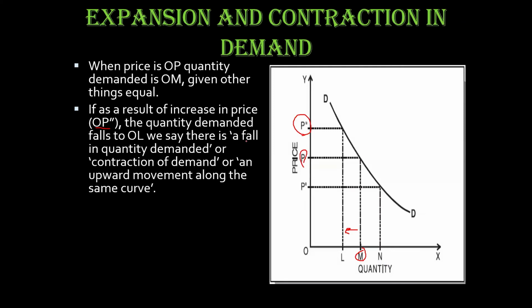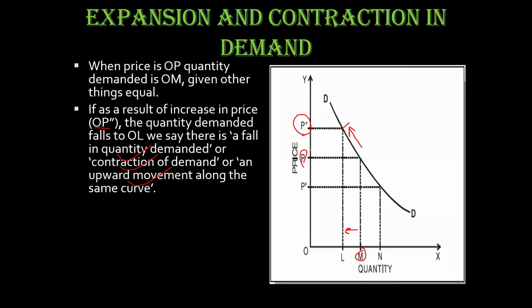When there is a decrease or fall in quantity demanded, there is contraction. Now this is known as contraction, or we can say there is upward movement on the same demand curve. Now when price increases, it causes contraction, it causes fall in quantity demanded, it causes upward movement along the same demand curve.